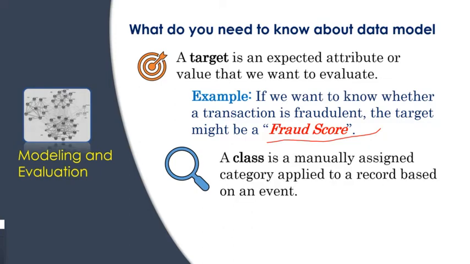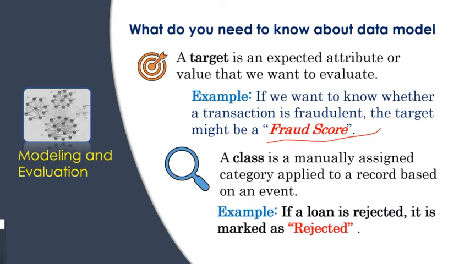For example, if a loan application is rejected, it is marked rejected. So this is a class, meaning that loan applications are one kind of class. So now we know what a target is. We need a target, and we also have a class.